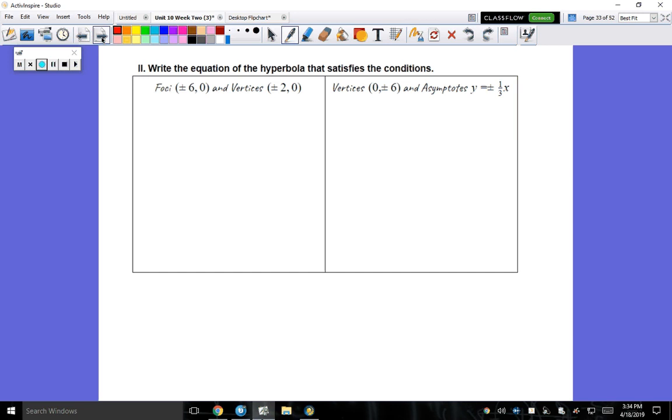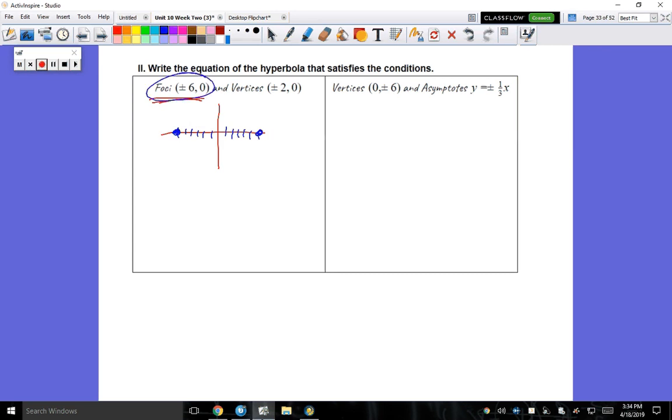Let's finish these up. Write the equation of the hyperbola that satisfies the condition. So we have foci, otherwise the light bulbs of these hyperbolas, at plus and minus 6, 0. So let's go ahead and draw that. 1, 2, 3, 4, 5, 6. 1, 2, 3, 4, 5, 6.